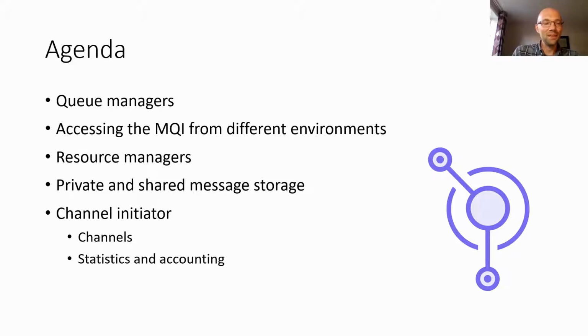Those are the components of the queue manager, if you like, that look after different logical components of resources that the queue manager needs to deal with. And we'll look at how messages are stored on private and shared queues, and finally take a little look at the channel initiator.